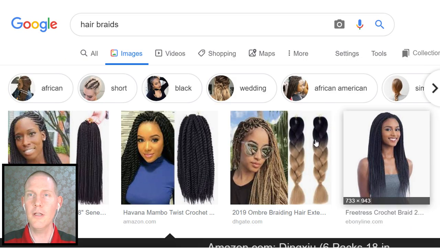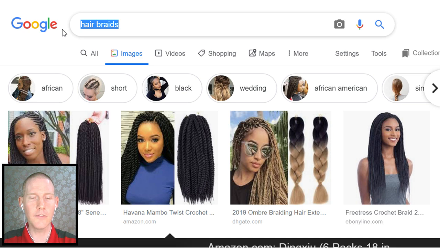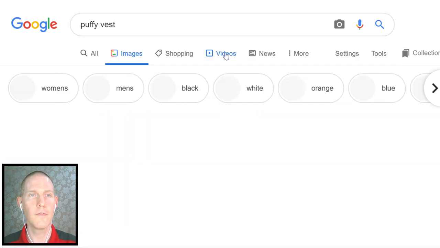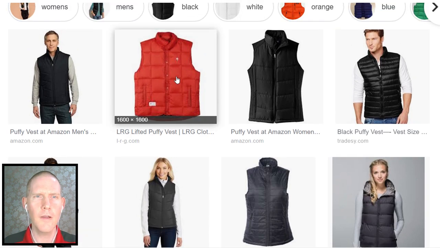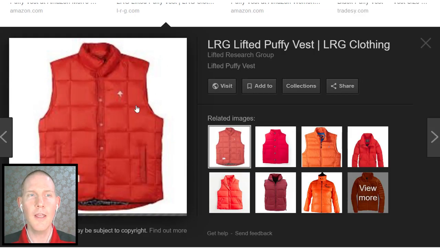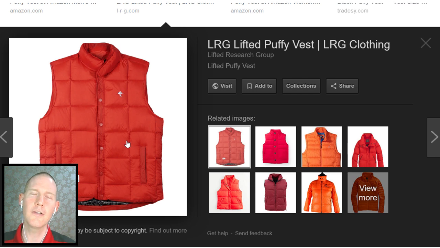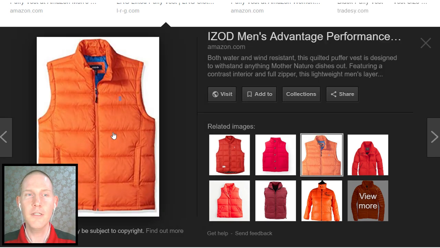So let's take a look if we can find a puffy vest. Okay, yeah, so these will work. They have the different sections, and they usually put maybe like goose feathers or some synthetic product inside to make it warmer. Excuse me. Okay, so a puffy vest, when you squeeze it, it's kind of like pillows.